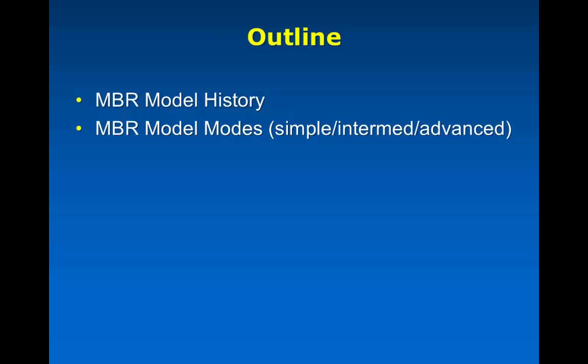In other words, how the various features, in terms of transmembrane pressure modeling and so on, are incorporated into the model, how they interact with the biological parts of the model, and how the MBR differs from the regular activated sludge units that we have in GPSX.